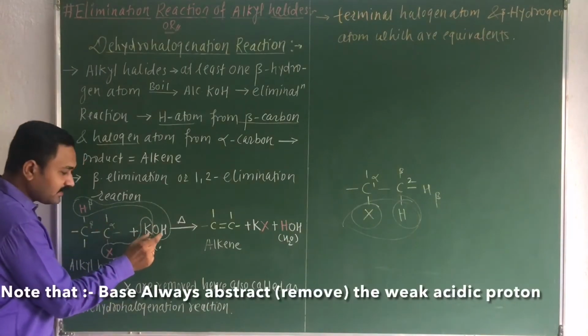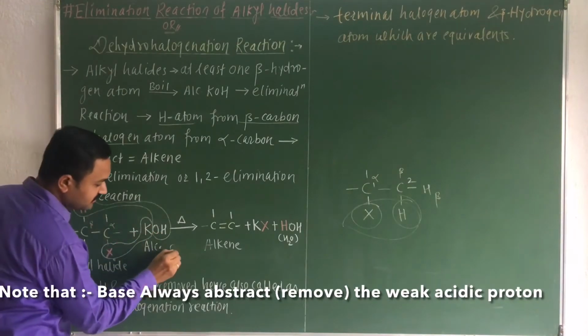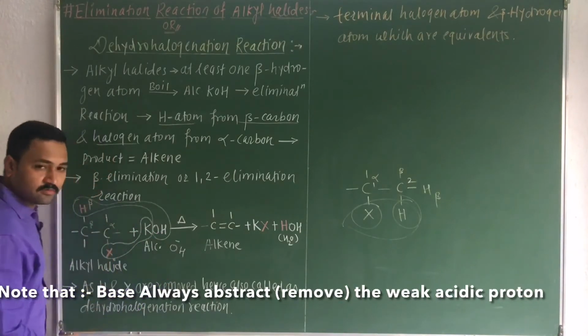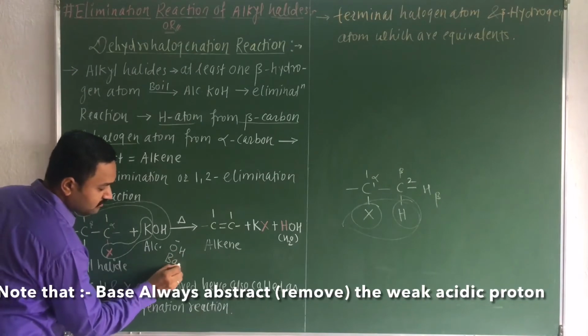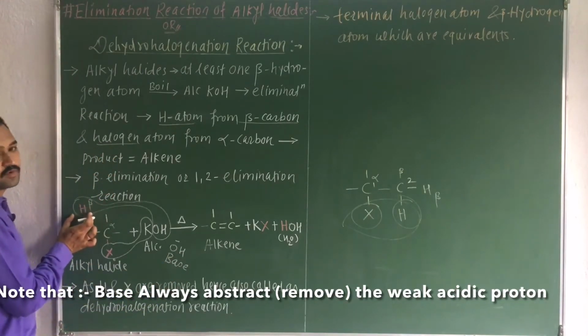Now here what happens actually: KOH acts as a base, that means KOH ionizes and gives the OH minus ion. This OH minus ion acts as a base, so it abstracts this acidic proton.